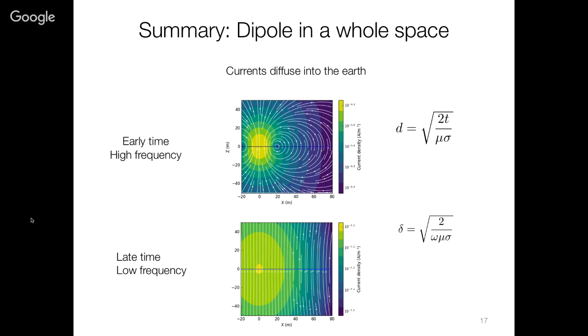Diffusion distance is that. Skin depth is given by that. Late times and low frequencies are going to look like that. So if you build your intuition in time, you can use that to get a good idea of what's going to happen in the frequency domain, and then there's just this additional complication of taking your signal and putting it into a complex form.